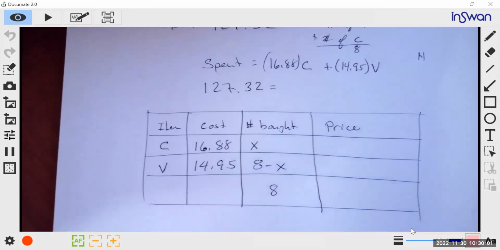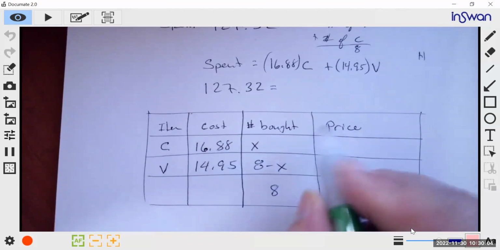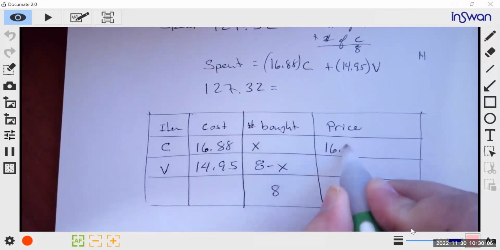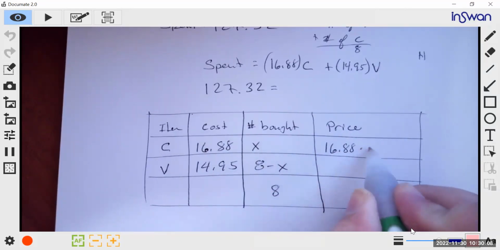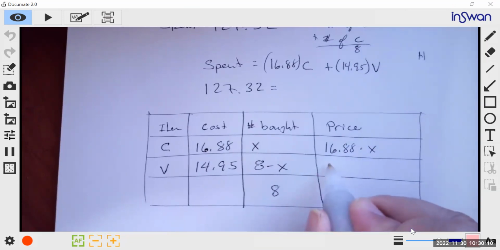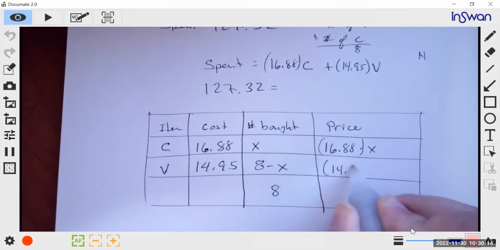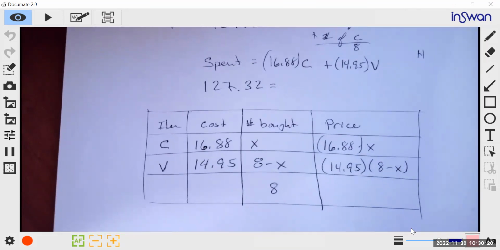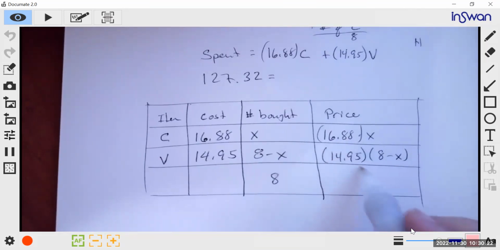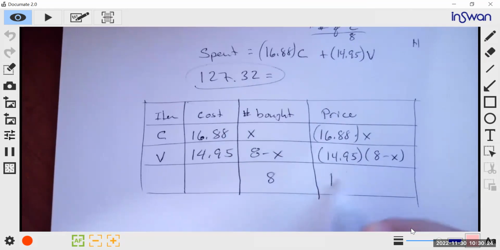And here's the price. So we have 16.88 times x. 14.95 times 8 minus x. And together, the entire price has to be 127.32.